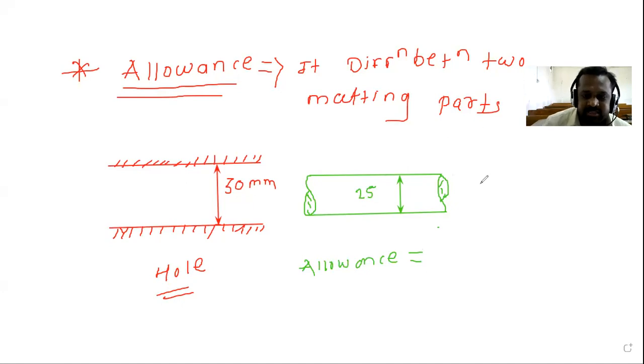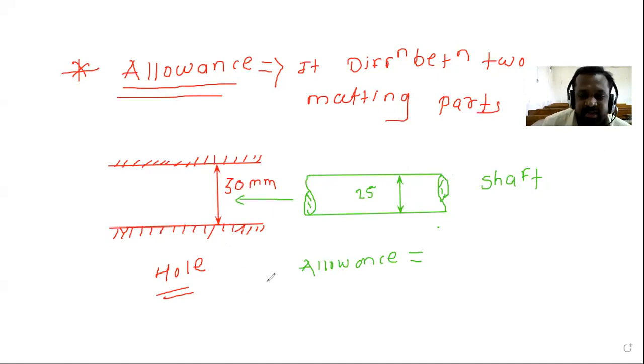Now see, this is the shaft and this is the hole. Suppose we have inserted this shaft into this hole. Then how to calculate the allowance?